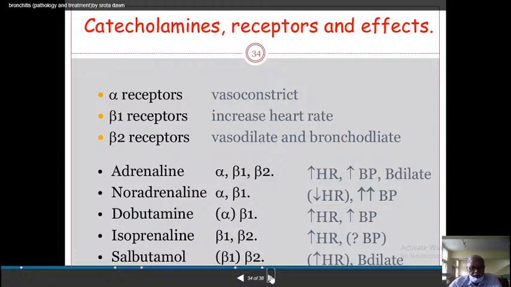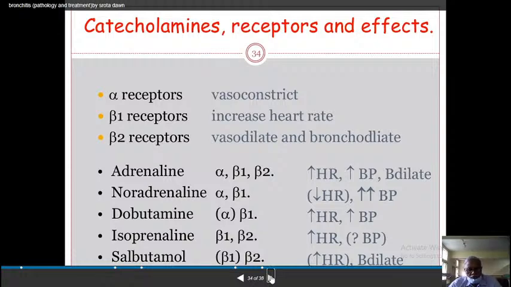Adrenaline will act upon alpha, beta-1, beta-2, which will increase heart rate, increase blood pressure, and dilate the bronchi and bronchioles. Noradrenaline will act upon alpha and beta-1, and will increase the blood pressure.